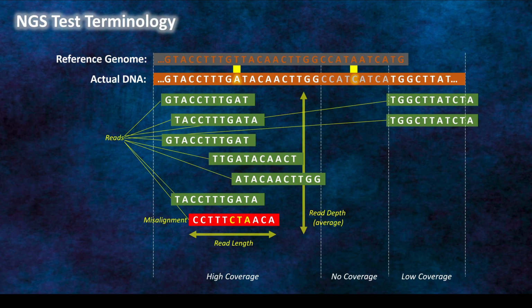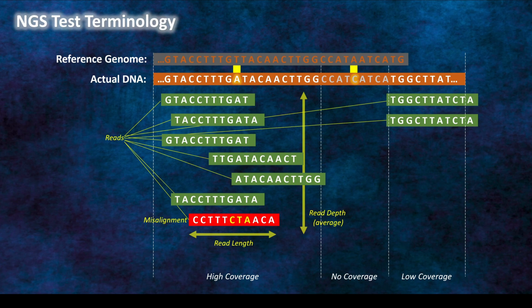So in any case, when you hear people talk about read depth versus read length in a next generation sequencing test, that's what they're referring to. And the coverage can either be high or low, and that does depend on the company. Some companies call about 10 reads enough to call a SNP, and some will call with fewer reads than that. So that's not always consistent across the companies that are testing your DNA with next generation sequencing tests.